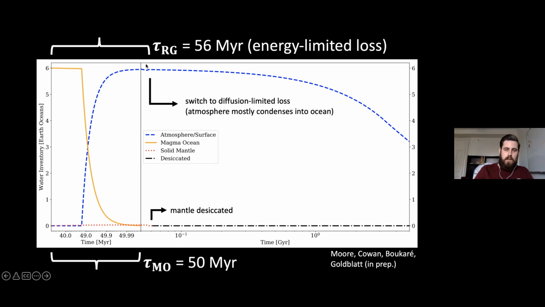So there's this little 6 million year time frame where we're still in a runaway greenhouse, still in energy limited loss. But once the runaway greenhouse phase ends, the surface temperatures come down to a more manageable level, the steam atmosphere condenses basically into an ocean, and we switch to diffusion limited loss for the remainder of the simulation.